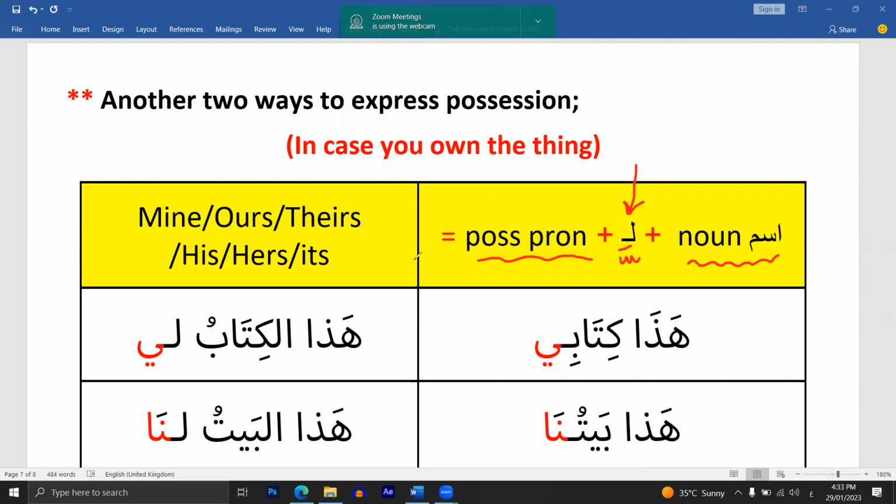And this expression is equivalent to the English expressions mine, ours, theirs, his, hers, its, yours. Let's check this example. Who can read it, please?